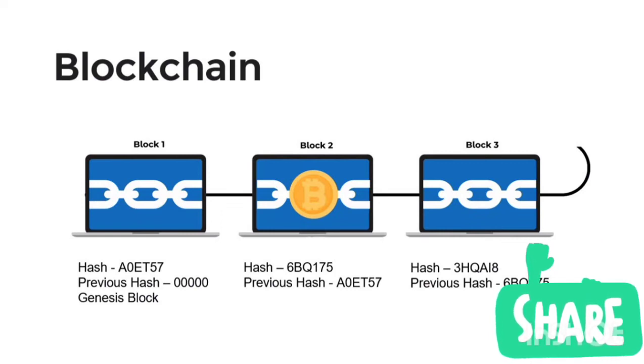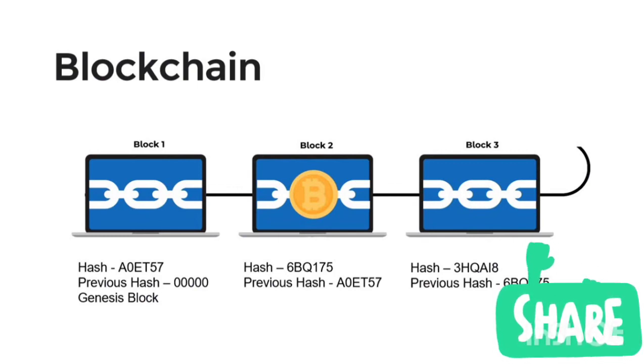It's a mechanism that slows down the creation of new blocks. In Bitcoin's case, it takes about 10 minutes to calculate the required proof of work and add a new block to the chain. This mechanism makes it very hard to tamper with blocks, because if you tamper with one block, you will need to recalculate the proof of work for all the following blocks. So the security of blockchain comes from its creative use of hashing and the proof of work mechanism. We will learn more about this mechanism later.